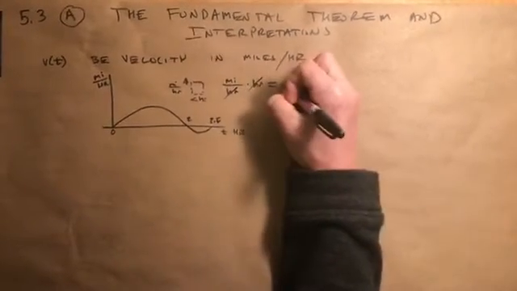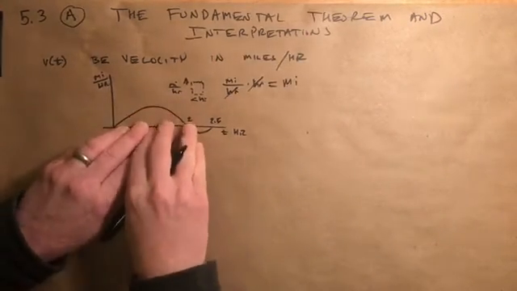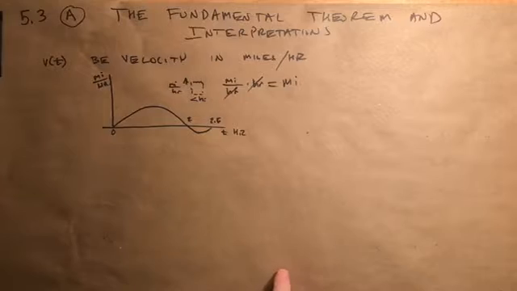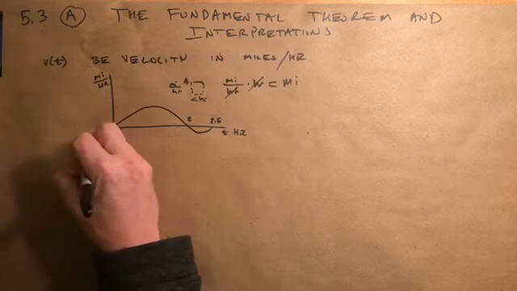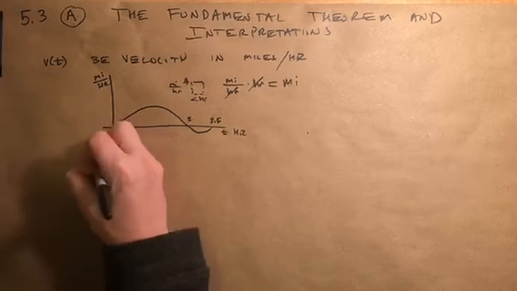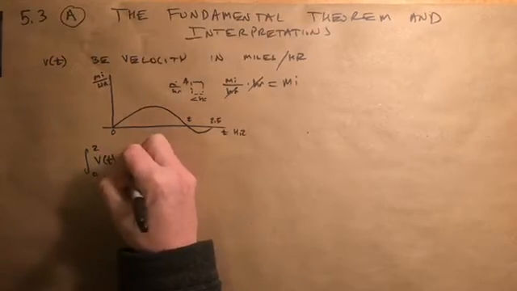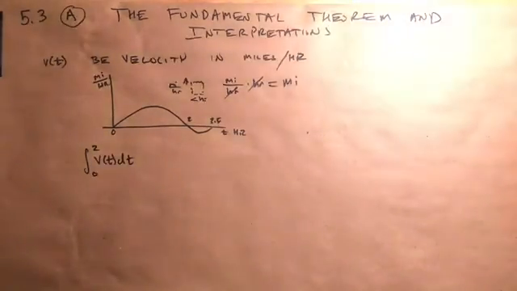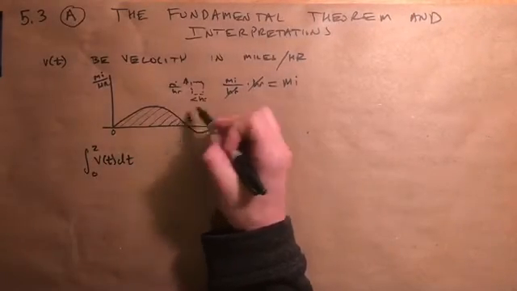The hours cancel, and I get miles, which means that the area between the curve and the t-axis is the distance that we've traveled. Now, if I said the integral from 0 to 2 of v of t dt, that would represent all of this shaded piece.